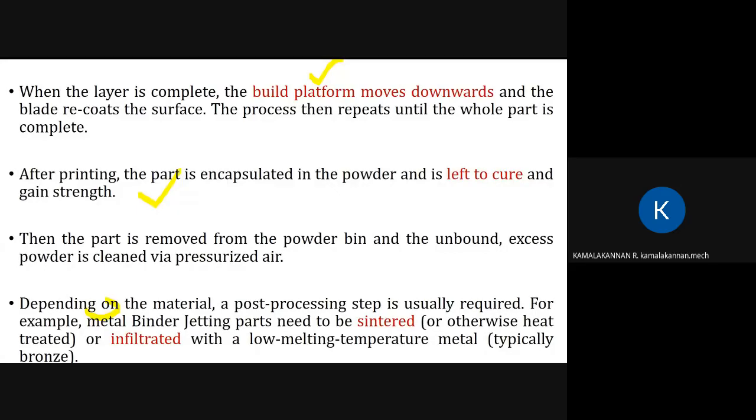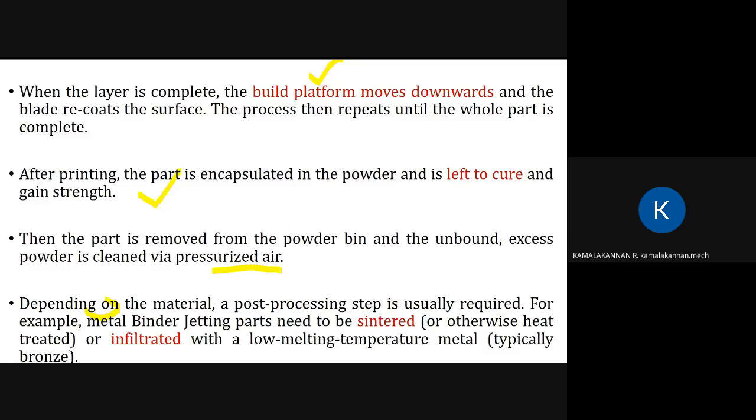Okay, guys. After a certain period, after the curing is over, the material will be removed from the build platform. Then it will be cleaned using pressurized air, so that the unwanted or non-bound powder will be removed easily.